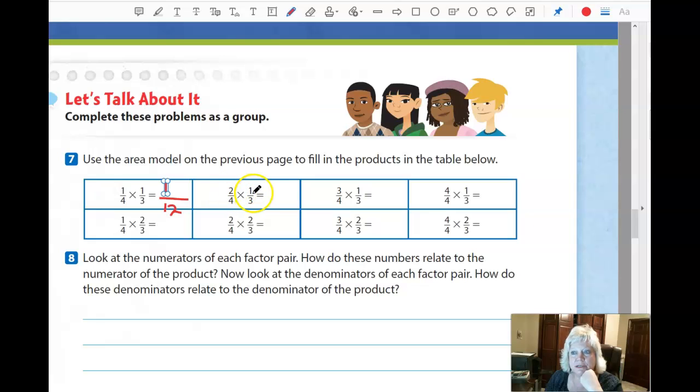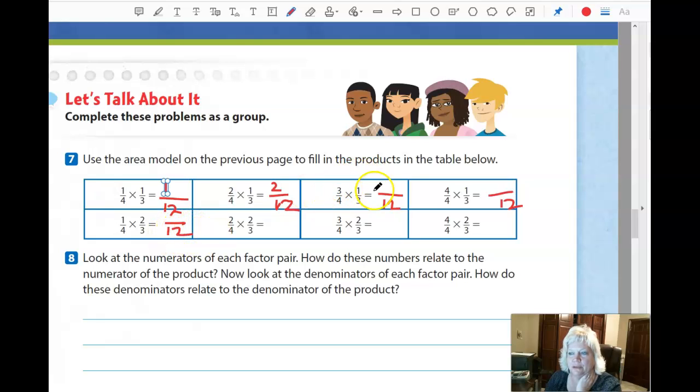Next one, 2 times 1 is 2. 4 times 3 is 12. Next one, 3 times 1, because each one of these right here is showing us that we have 12 boxes in the whole unit. And they're all going to be denominators of 12.